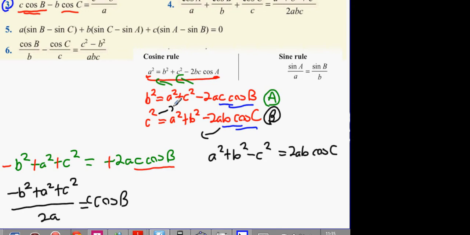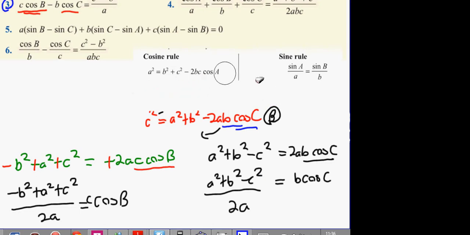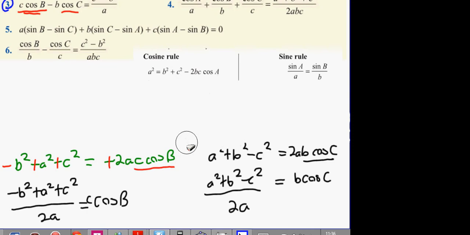You'll see it come out that way, okay? Next thing I'm looking to do is leave B cos C on its own. So B cos C equals A squared plus B squared minus C squared all over 2A. Alright, now that I've done all that, I'm going to rub out all this.